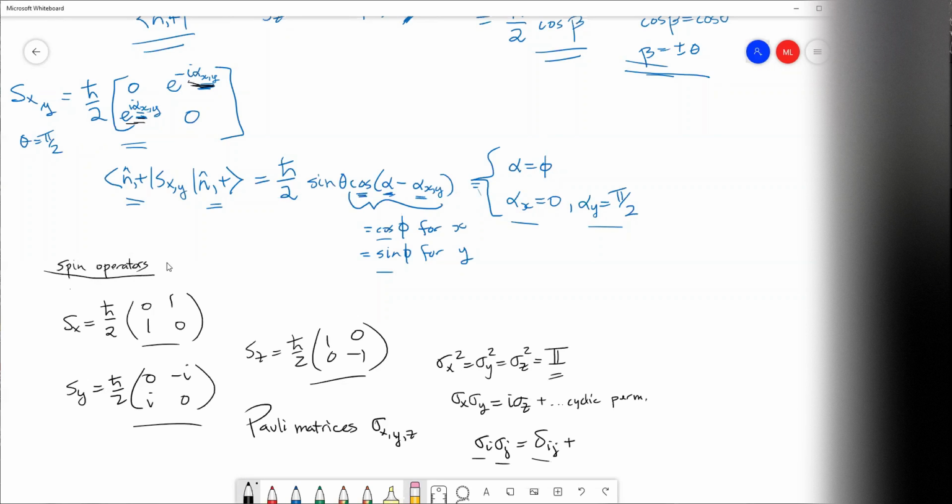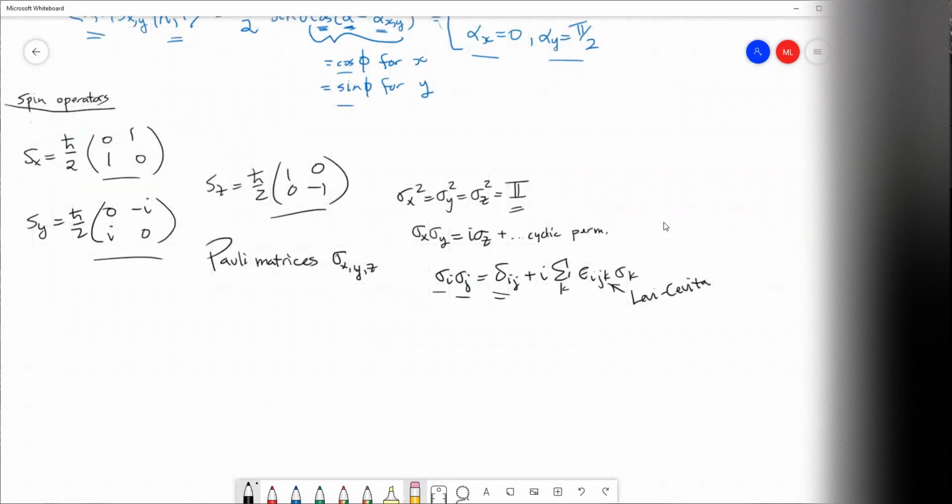And if they're different, then you get 0 plus i, and then sum over k, and you put in this Levi-Civita symbol, which is a number, and it's equal to +1 for cyclic permutations of XYZ.